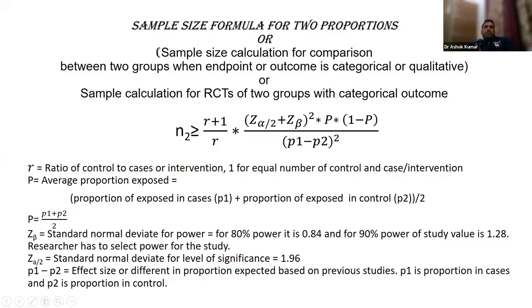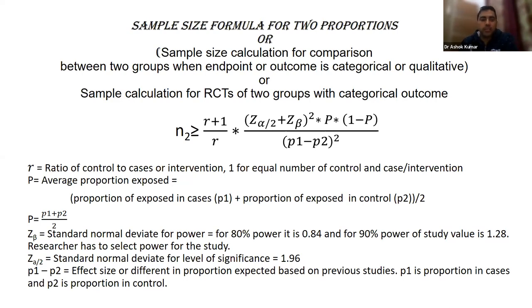Now, sample size formula for two proportions, or we can say sample size calculation for comparison between two groups when the endpoint or outcome is categorical or qualitative. Because we are talking about proportion, and proportion is categorical or qualitative.